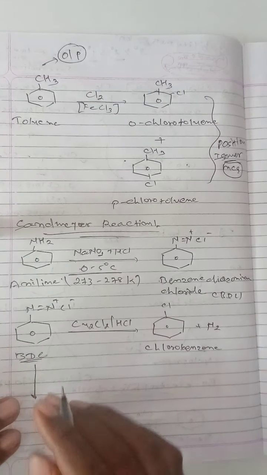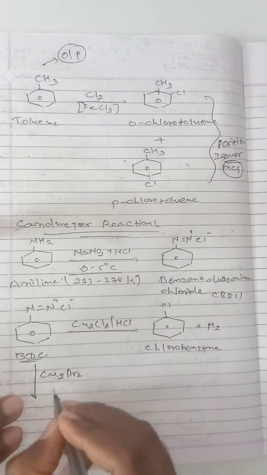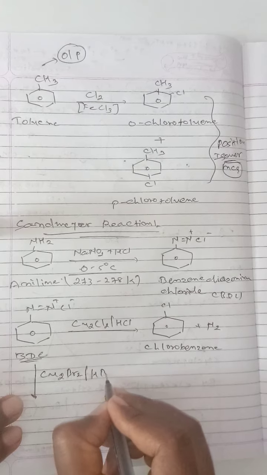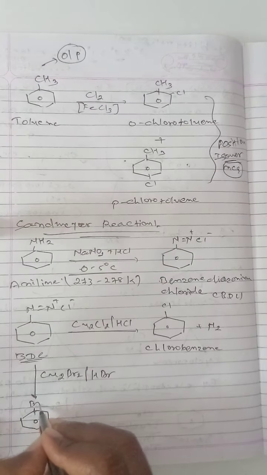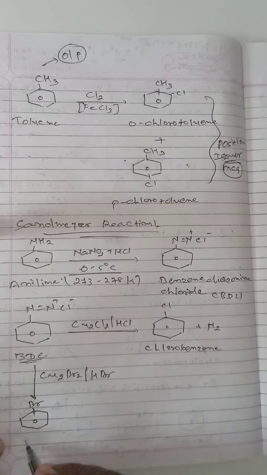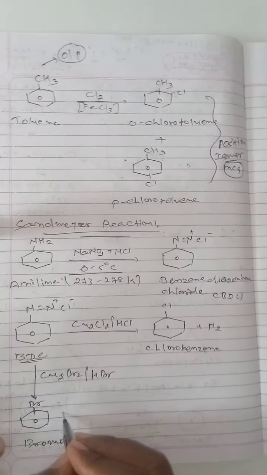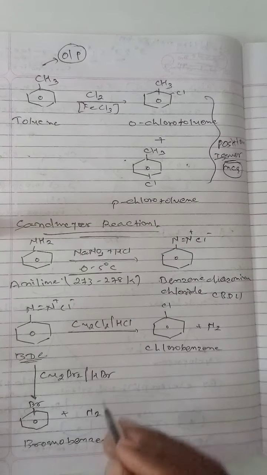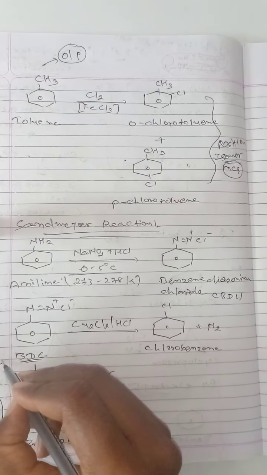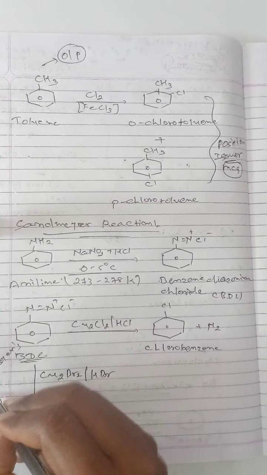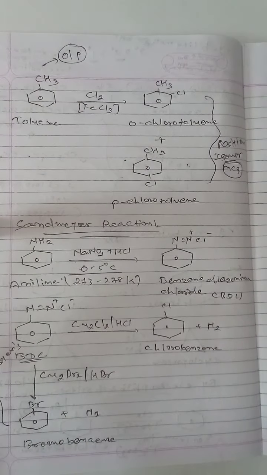Here benzene diazonium chloride reacts with cuprous bromide Cu2Br2 and HBr. The product formed will be bromobenzene. So friends, this is the Sandmeyer reaction, BDC to chlorobenzene or BDC to bromobenzene.